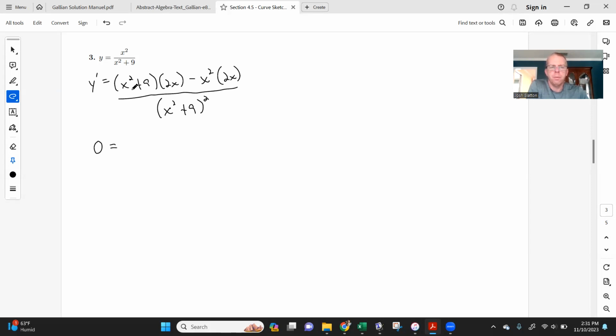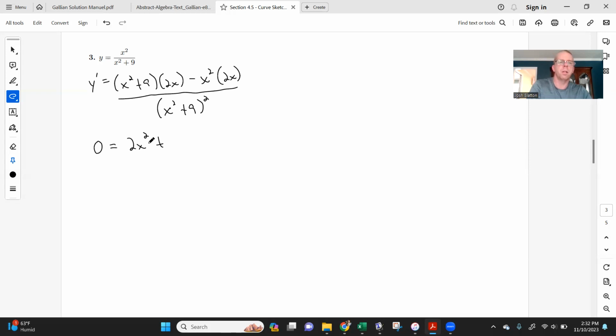So let's simplify this numerator. We'll go ahead and cross multiply with the bottom. When we set this equal to 0, as long as the numerator is equal to 0 and the bottom is not equal to 0, which it never is, the numerator is all we're concerned about. I will write it here because we need it for the second derivative, but generally speaking, to get the critical values, we don't.